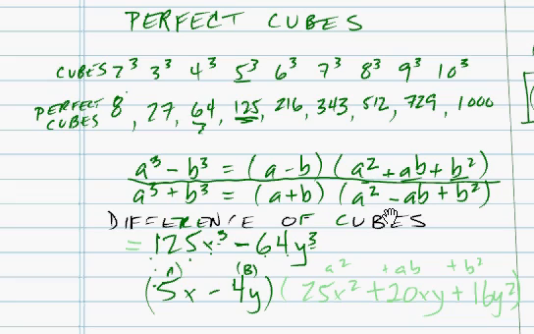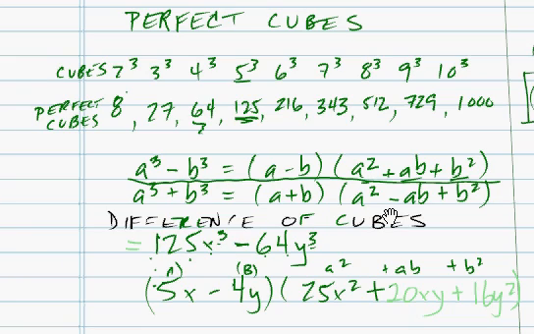And now all we have to do is follow this particular format, this one here. Since we'll put a over it so that we have a reminder, this is a and b value. A squared would be 25x squared, right? That's a squared plus ab plus b squared.